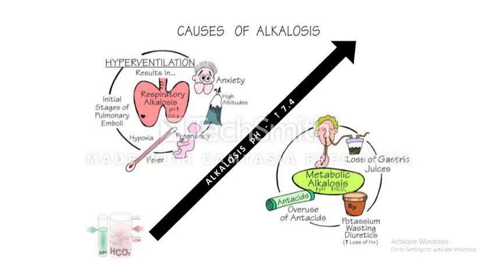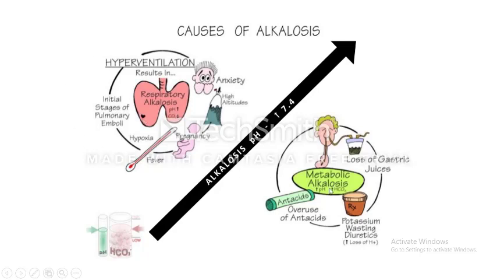The causes can be hyperventilation, anxiety, or being at high altitudes. Pregnancy can be one of the reasons. Fever, hypoxia, initial stages of pulmonary emboli, that is basically something has moved to the arteries of the lungs and gotten stuck. These all result in respiratory alkalosis.